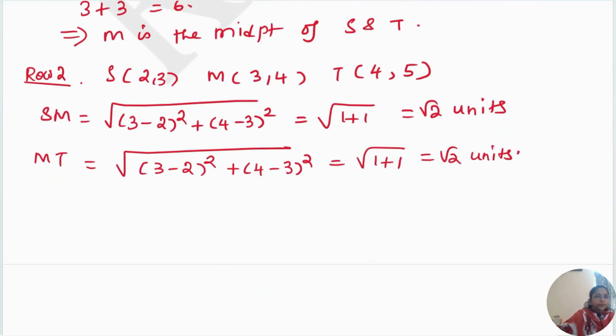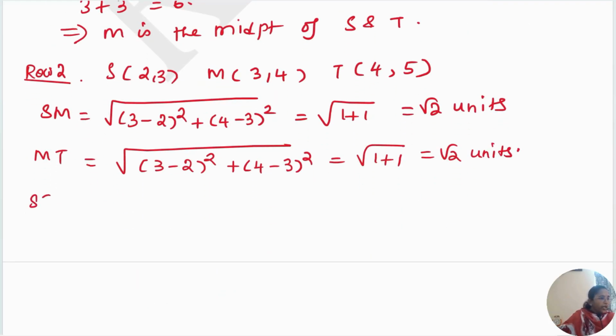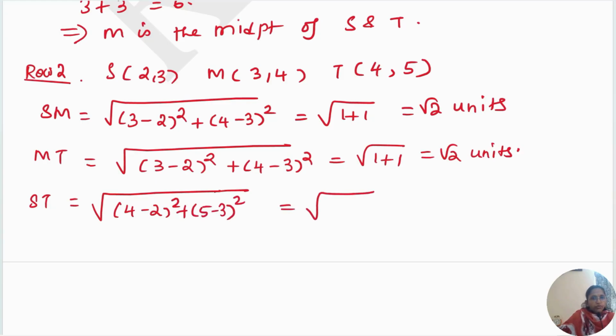And now ST. ST is root of (4 minus 2) the whole square plus (5 minus 3) the whole square. So root of 2 square plus 2 square. So 4 plus 4, which is equal to root 8. That is nothing but 2 root 2 units.